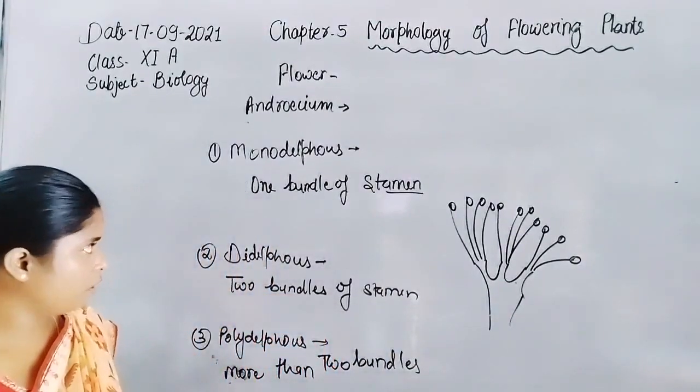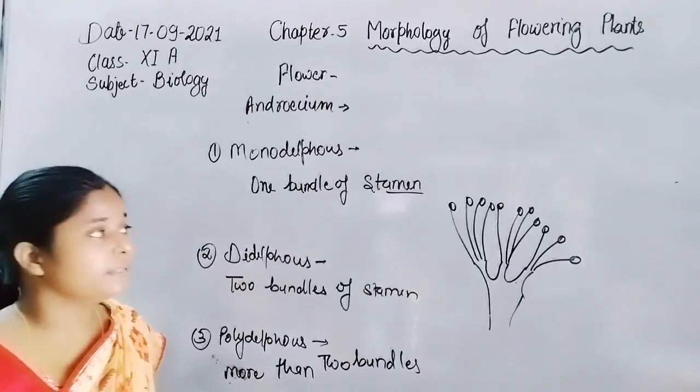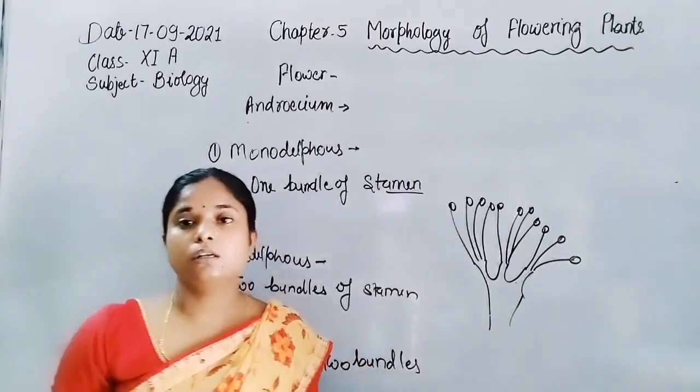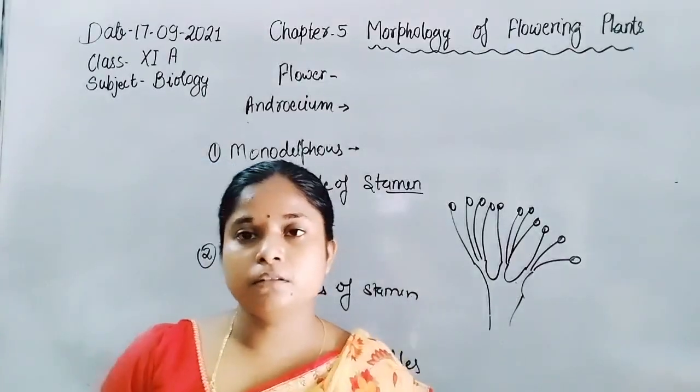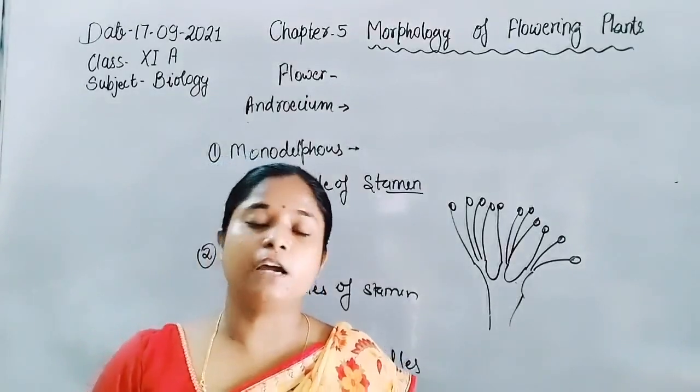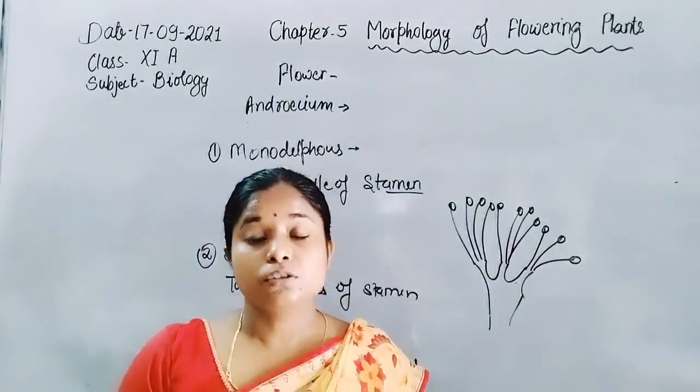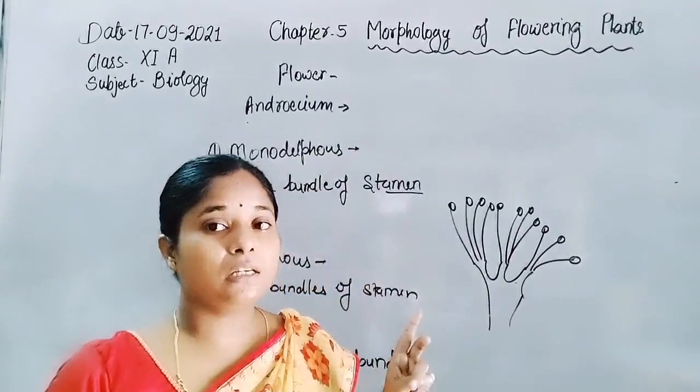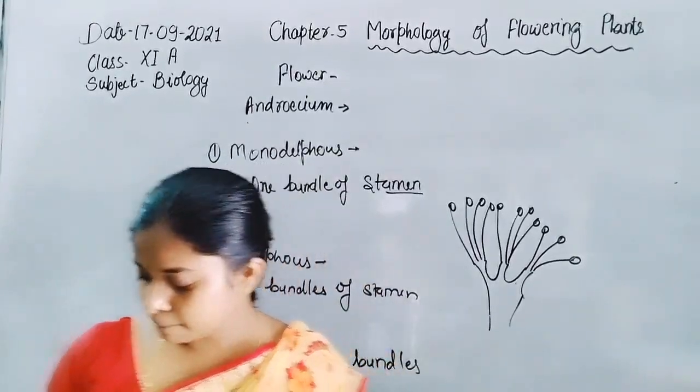Now on the basis of attachment of androecium to the calyx, corolla and perianth, they are further divided into two groups, epipetalous and epiphyllous.